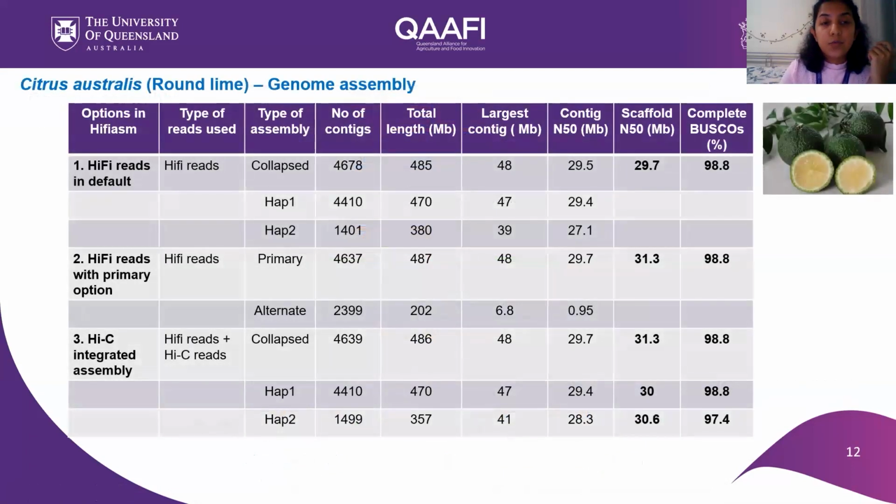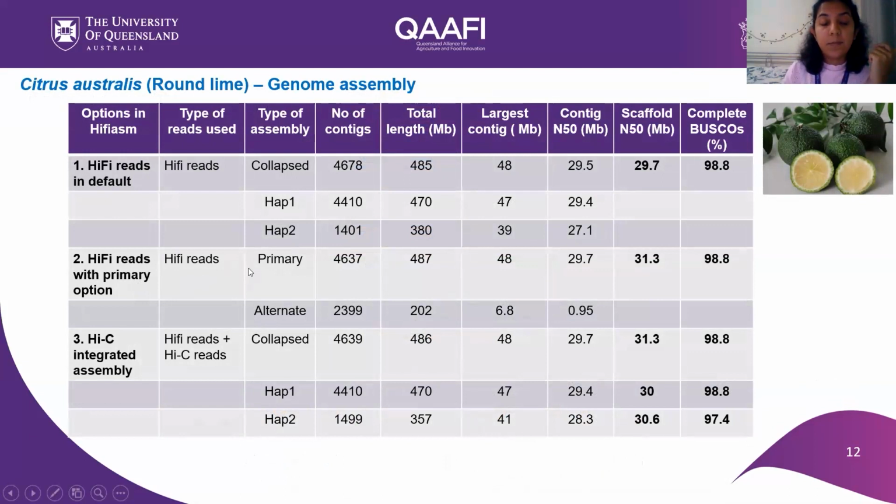So we ran this tool in 3 different modes. In the first mode, only with HiFi reads, it generates a collapsed assembly and 2 haplotypes. These 2 haplotypes are considered to be partially phased. That means they're not fully resolved. In the second mode, again only with HiFi reads, it generates 2 assemblies.